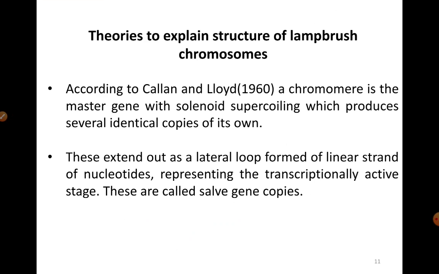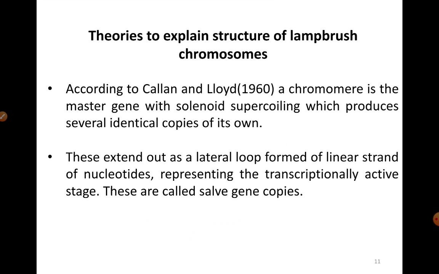Earlier, there was confusion as to how these loops are formed and what actually triggers their formation, and two main views were put forward. One by Callan and Lloyd, who said a chromomere is the master gene with solenoid supercoiling, which produces several identical copies of its own, thereby resulting in loop formation.